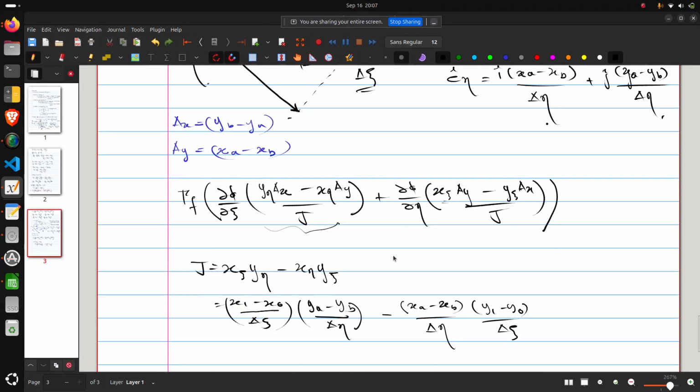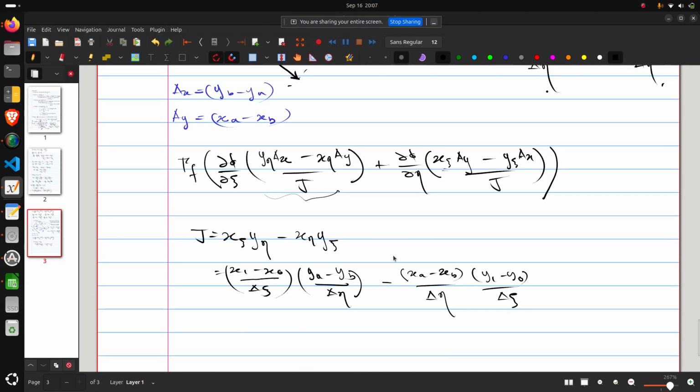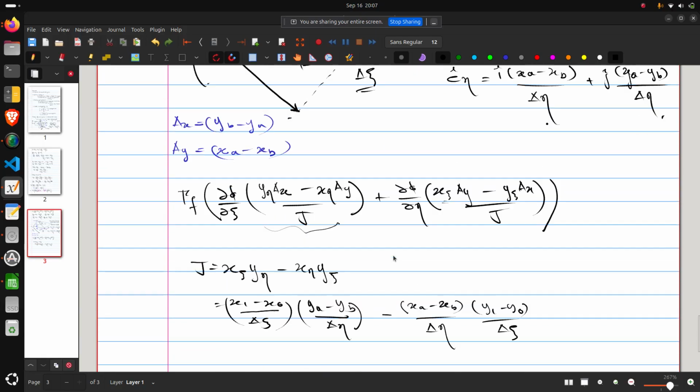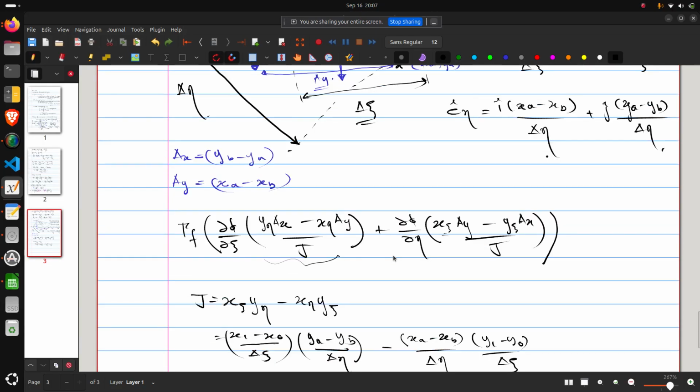Now if you look, compare these two terms.